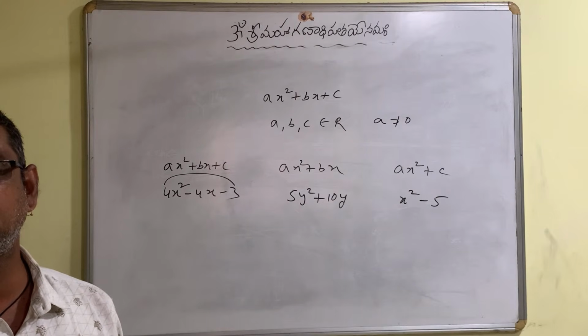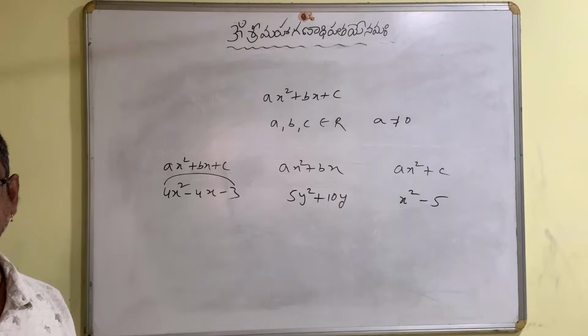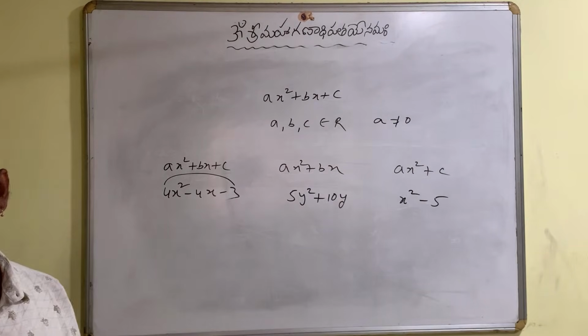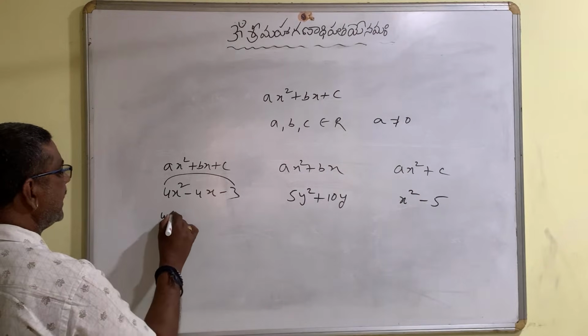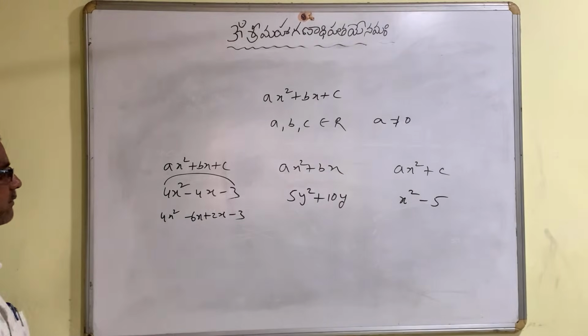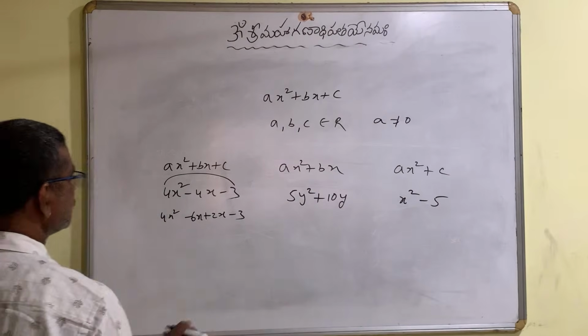Because 4 into negative 3 is negative 12, and sum is negative 4. So what is that? 4x square minus 6x plus 2x minus 3.